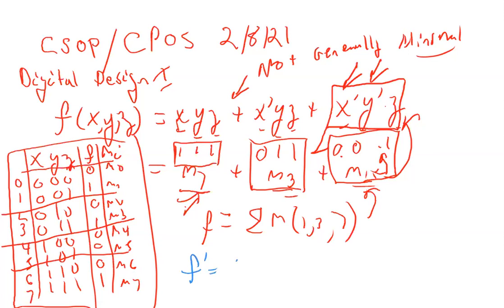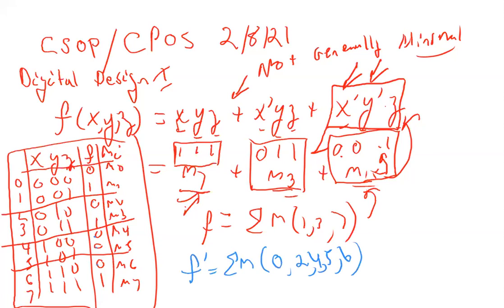And that is going to be M of, and now we use all the members of the offset. So that's M0, 2, 4, 5, and 6. And so now we have f prime, you see. And we were able to obtain f prime simply by using the members of the offset.